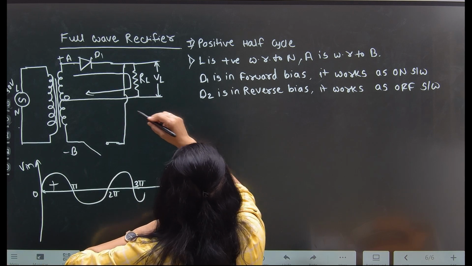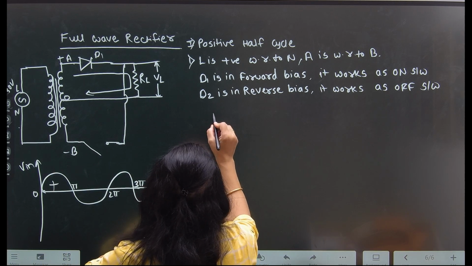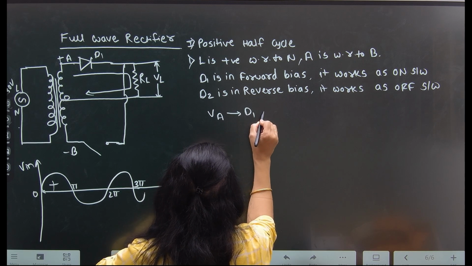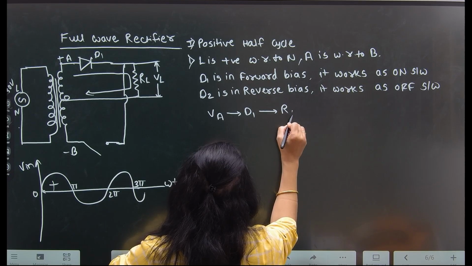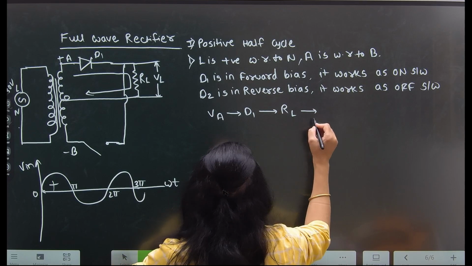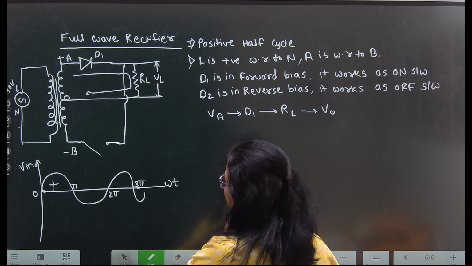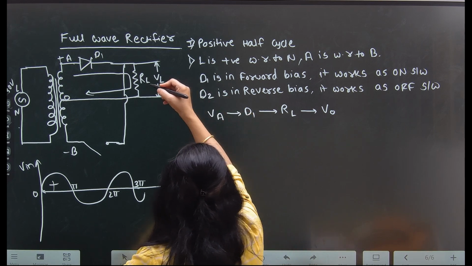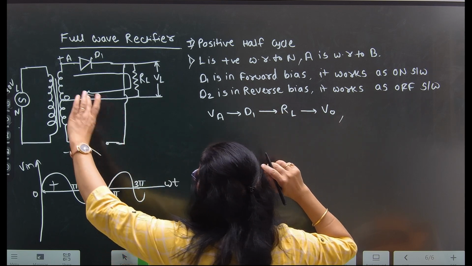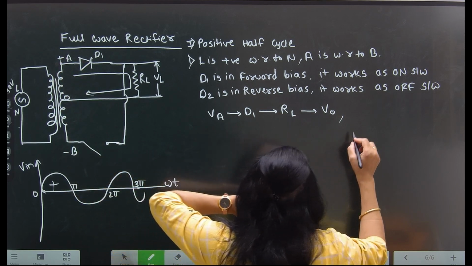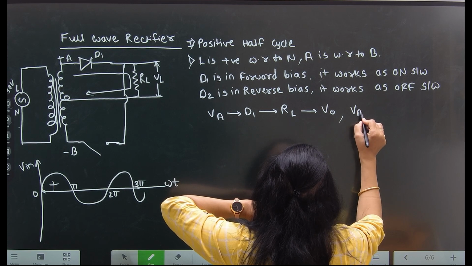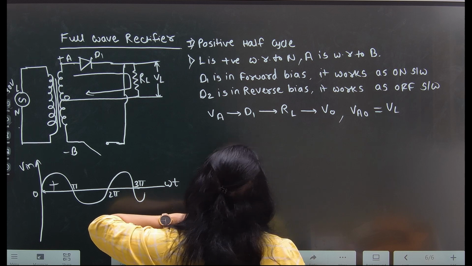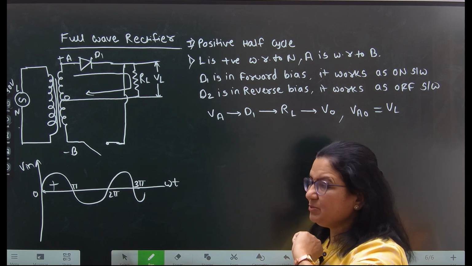The current path for this half cycle is VA, then diode D1, then load resistor RL, and then again VO. This way current will flow through the circuit. So whatever the voltage across the secondary winding, that is VAO, is equal to VL in the positive half cycle.